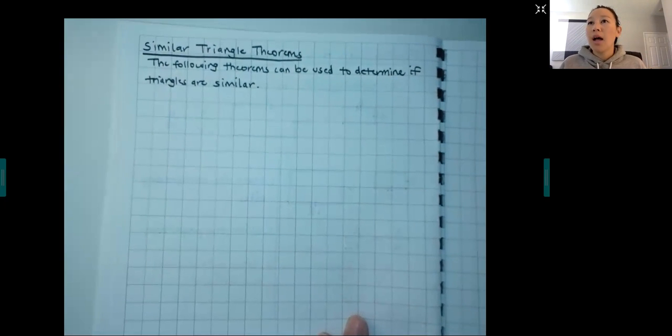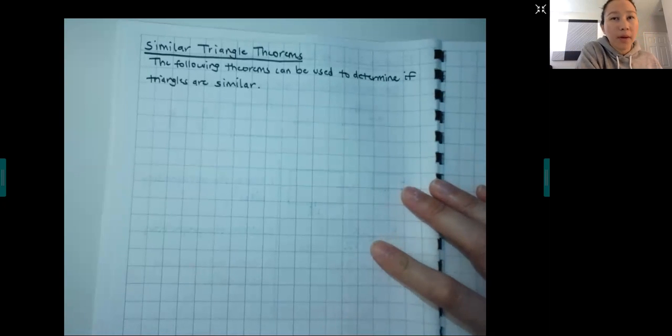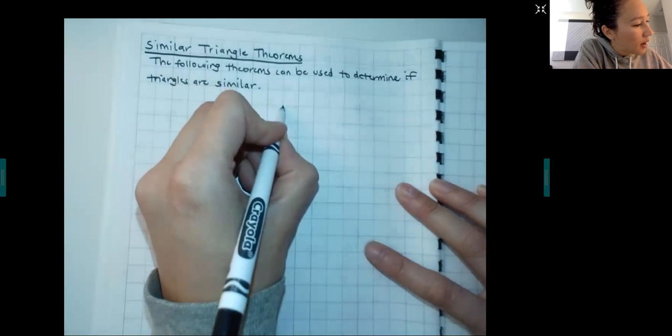Okay, so like we did to determine if triangles were congruent, there are theorems we can use to determine if triangles are similar. So we have 3 that we are going to learn about today.